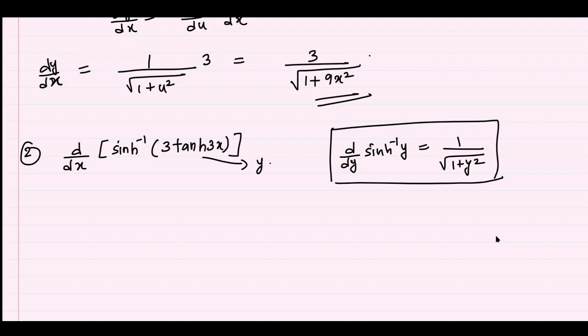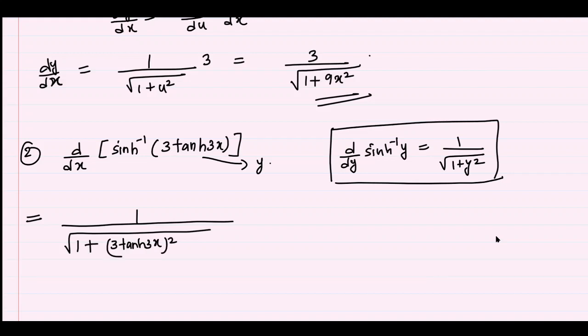So it is a composite form, and again you have to differentiate this, as we do in the chain rule. First I apply this: suppose this is y, so it will be 1 by root of 1 plus y square. Instead of y I have 3 tanh 3x, so 3 tanh 3x whole square.